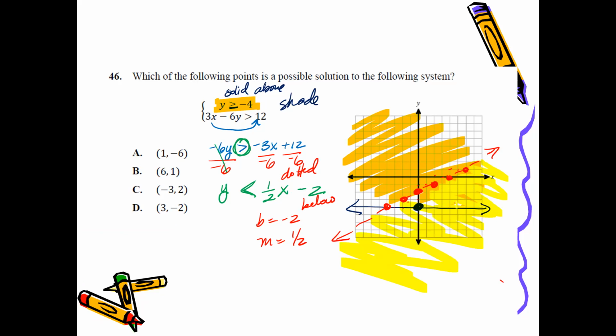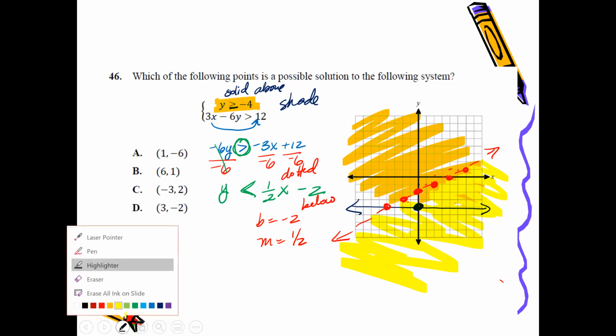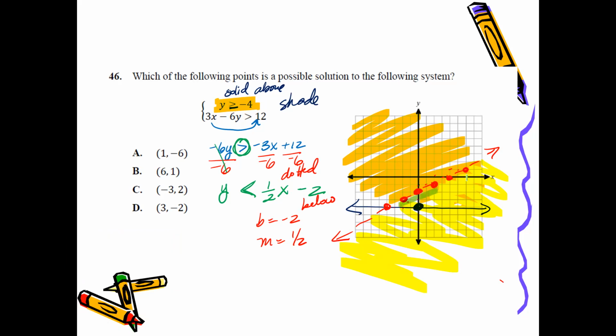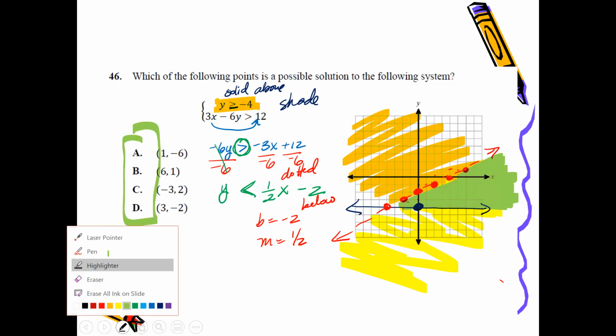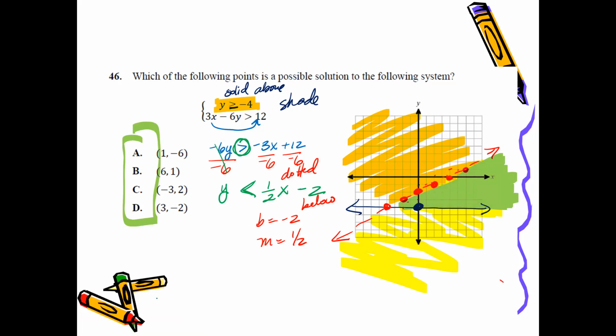Now, I know you're like, okay, so what is the answer, Callahan? Do you see where the orange and the yellow areas overlap, which creates this green area right there? That's your answer. Any of these points that land in that green area is your answer. So let's plot them.